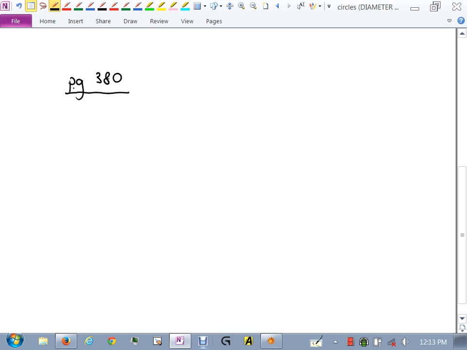So from 380, number 42, 43 is one where they tell you they're isosceles triangles with a height equal to the base.